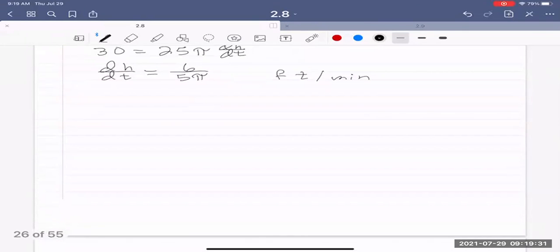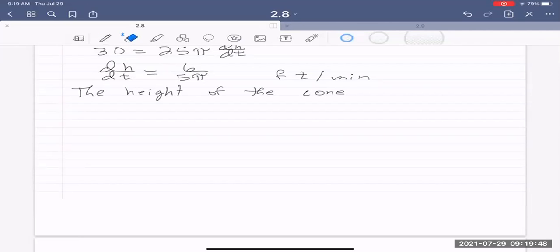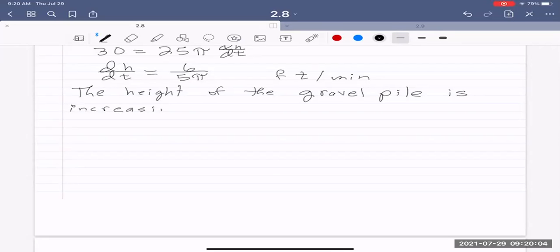And so the height of the cone, let's call it the gravel pile, the height of the gravel pile is increasing at the rate of 6/5 pi feet per minute.